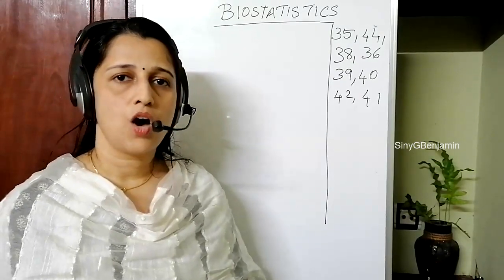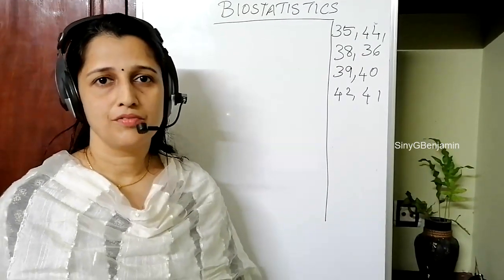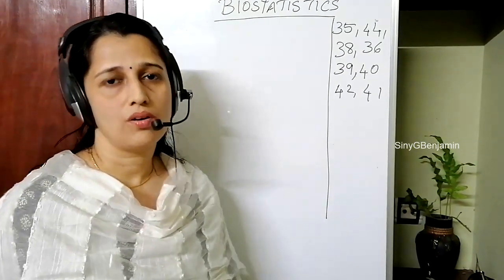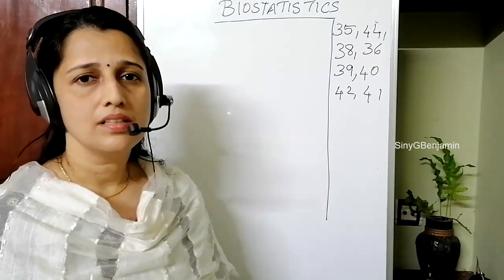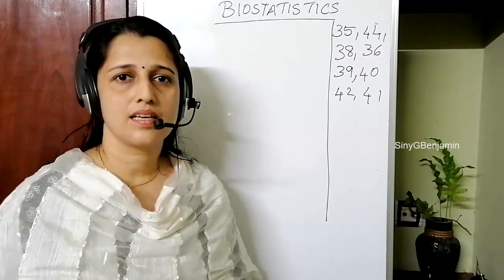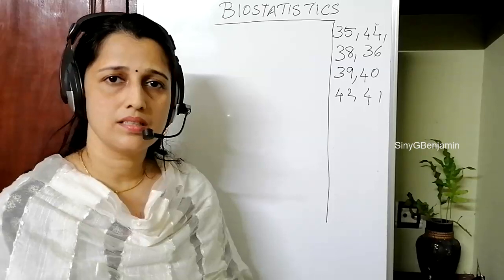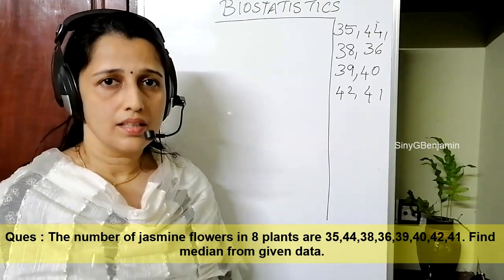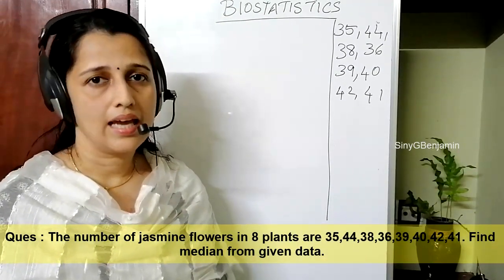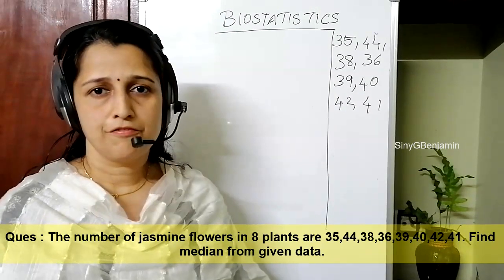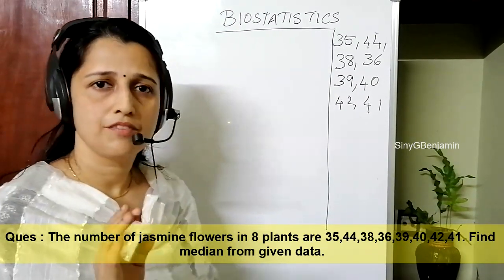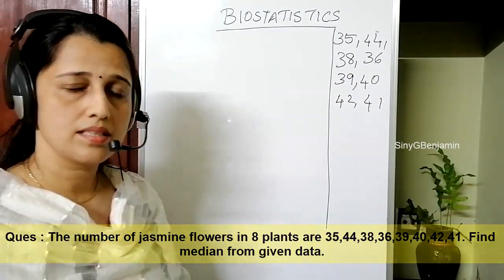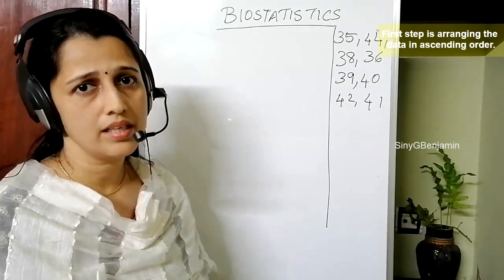Now let's see how to find the median if the number of observation or n is an even number. This is an example. Let's work out this question. This is an example showing the number of jasmine flowers in 8 plants. The first step is to arrange the data in either ascending or descending order.